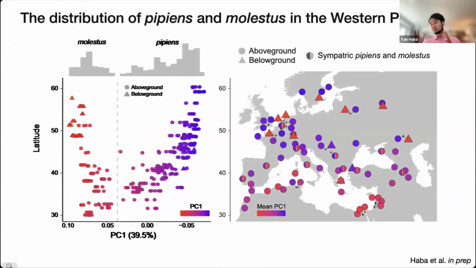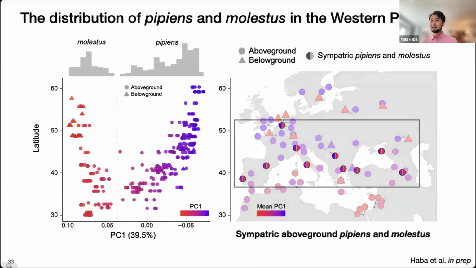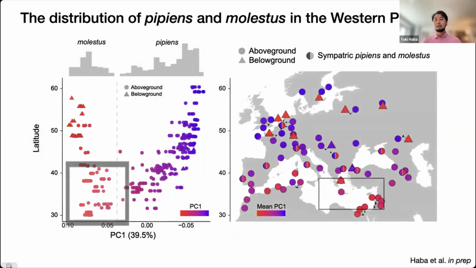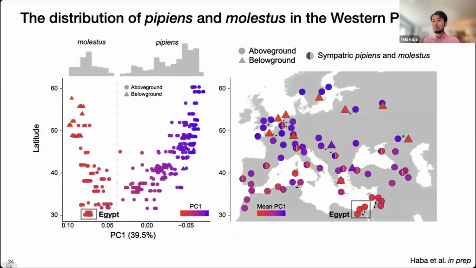Consistently, when we looked at the distribution across the map, we noticed that there are many above ground molestus populations sympatric with PPNs, indicating that there must be a very strong reproductive isolation between the two ecotypes. Lastly, we were excited to confirm above ground molestus in Egypt, and also found that Egypt molestus occurs without coexisting pipiens.